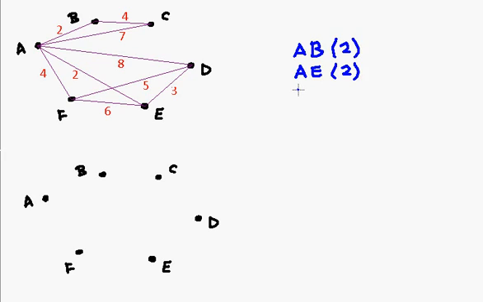I've also got DE, so that's at 3. And next up is, say, AF. Okay, there's also BC there, I can see, with 4. So I'll have that next, BC.